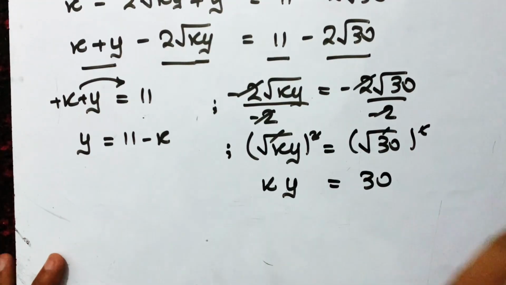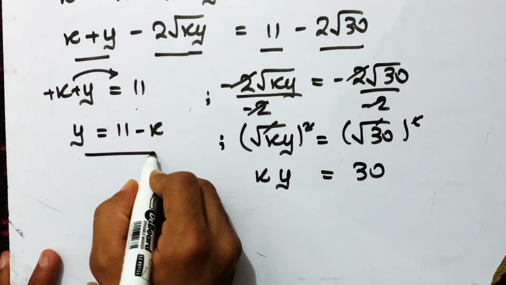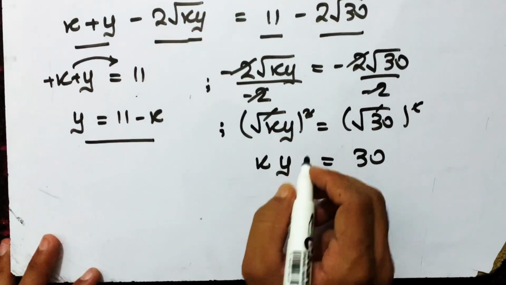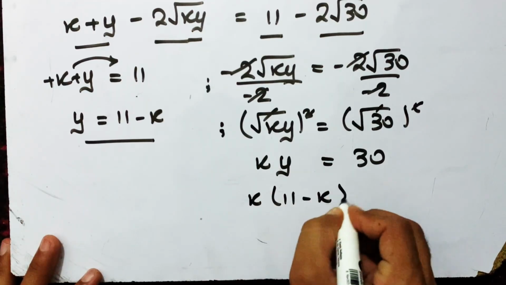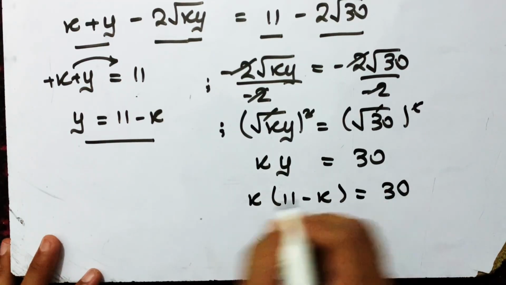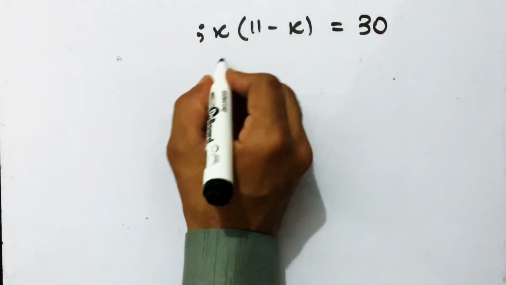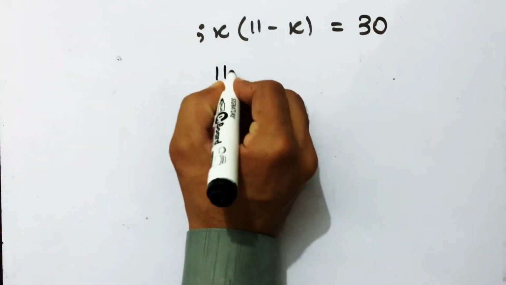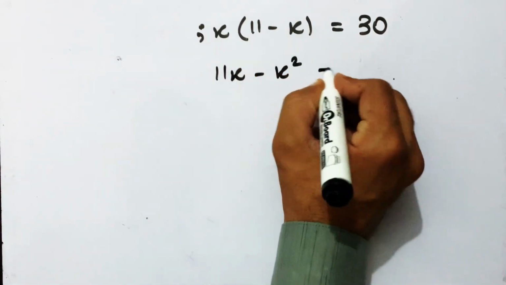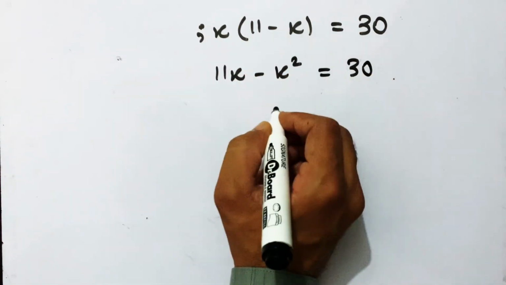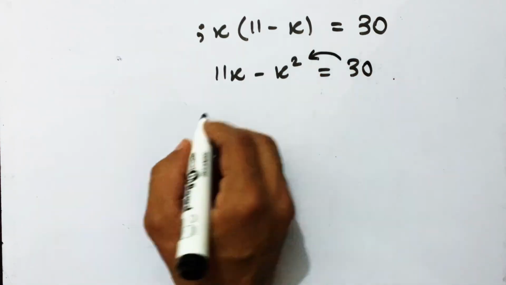So our equation is x into 11 is 11x minus x into x is x squared, equal to 30.